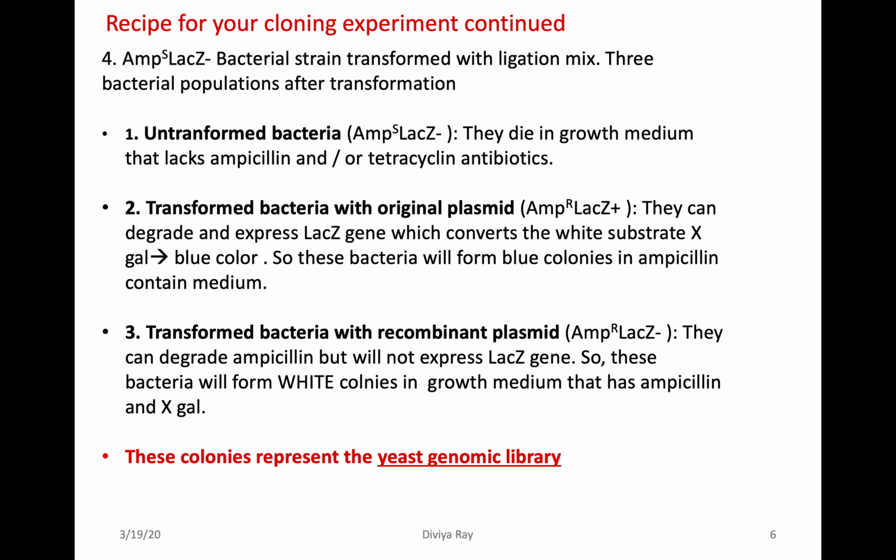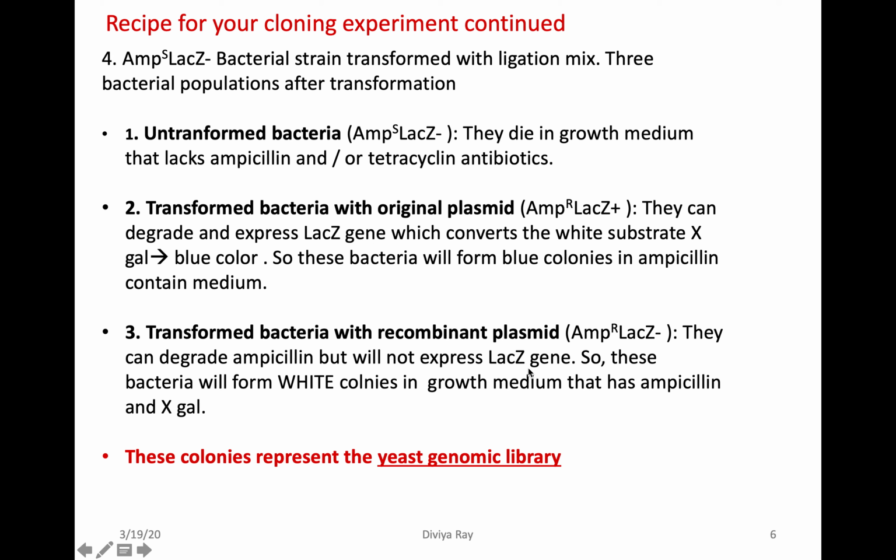You're putting it at the Y site. As a result, these bacterial cells will be able to grow in a medium that contains ampicillin, but they will not be able to convert X-gal into a blue color precipitate.